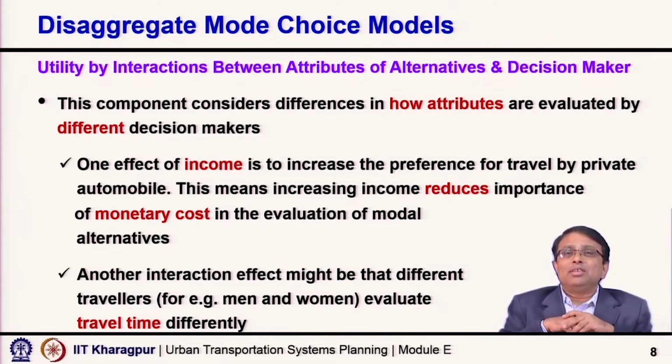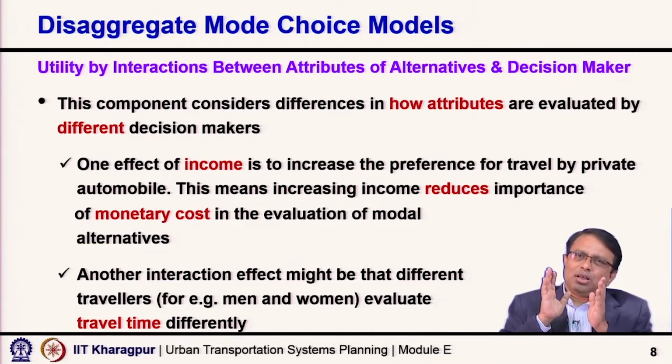So, we can directly use variables which are related to socioeconomic characteristics. We can directly use variables which are related to the characteristics of alternatives, right. We can also use variables in a different way.